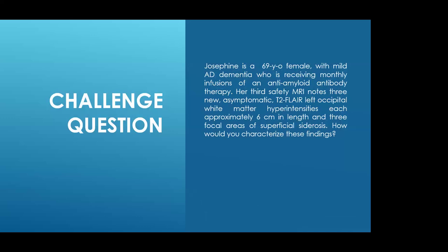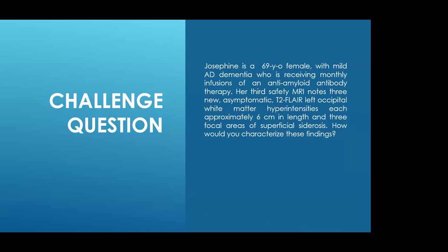Another challenge question: 69, female, mild Alzheimer dementia, receiving monthly infusions. This is the third safety MRI. At this point, there are 3 new asymptomatic T2 FLAIR left occipital white matter hyperintensities, each approximately 6 centimeters in length, and there are also 3 areas of superficial siderosis.